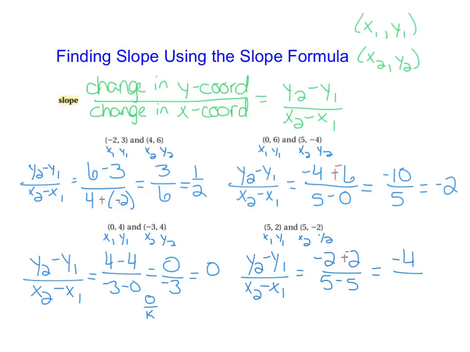I get negative 4 over 0. Remember, when 0 is in the bottom, that's a no-no. What is something divided by 0? Undefined. No can do. Okay? So, what kind of line would this be? If I were to graph this, 5, 2, and 5, negative 2, I would get a vertical line.